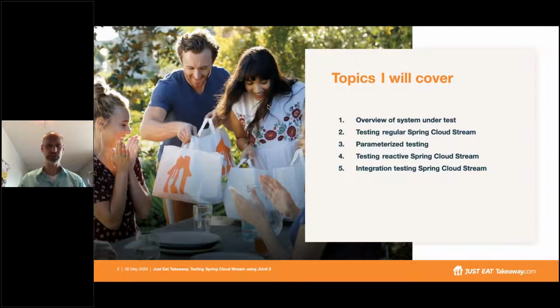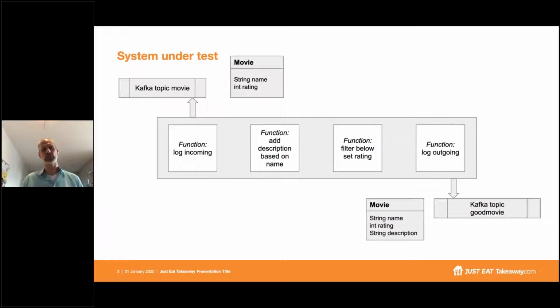Now, the system under test that we're going to look at is the processor, and I already prepared one. It listens to the Kafka topic movie, where movies just like David showed are coming along with a name and a rating. Now this processor is doing four things. First of all, whatever's coming in, it's going to log that so that we can see what's happening. Then it's going to add a description based on the name.